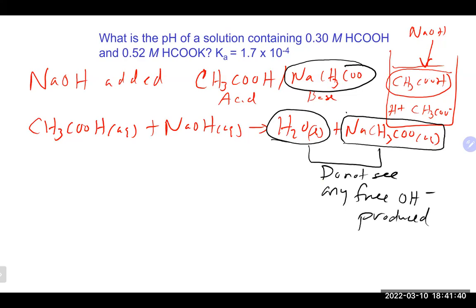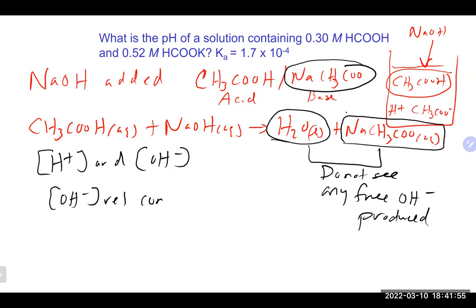And the same logic applies because, again, H plus and OH minus are related to each other, right? One goes up, one goes down. If we're able to keep the OH minus relatively constant, that means that our H plus concentration should also remain relatively constant.